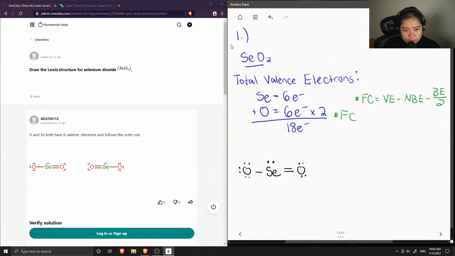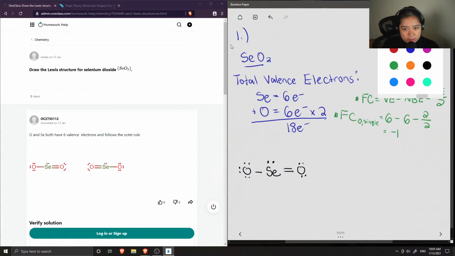First, let's do the leftmost oxygen, the single bonded oxygen. It had 6 valence electrons, and it also has 6 non-bonding electrons. There's a single bond with the selenium, so we have 2 bonding electrons divided by 2. This tells us that our single bonded oxygen contains a negative charge.